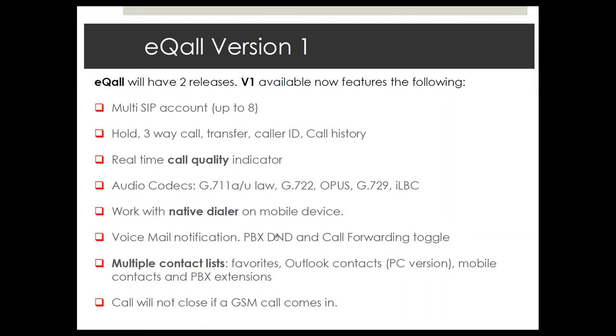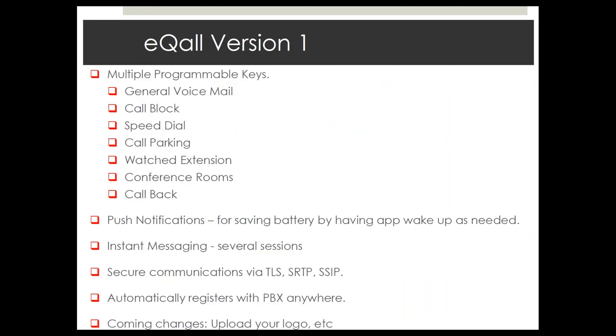I'm going to elaborate a little bit more on that later. It makes it very easy to group the contacts to be able to do outbound calls. And if you get a GSM call coming in on your device, it's not going to close your call. Okay, so that GSM call is going to be ignored.